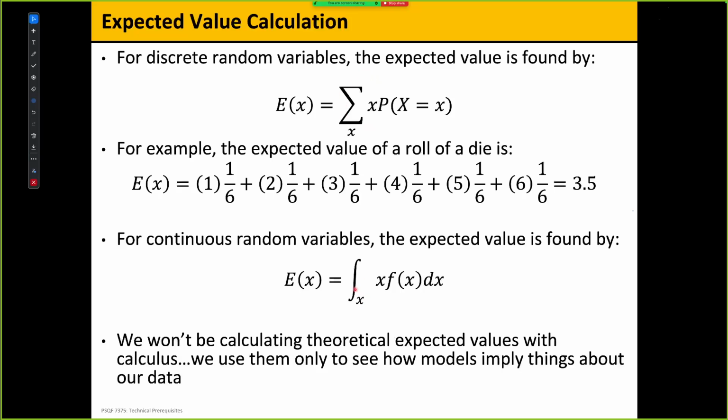The integral is weighting each value of x by the area of an infinitesimally small window above x under the curve. The only difference between these two is that this is a discrete probability, whereas this is the actual PDF giving you that probability in the integral itself. But we're not going to be calculating integrals. Just understand the concept. It's mapping a discrete number, which looks like this, while a continuous number looks like that. Okay?